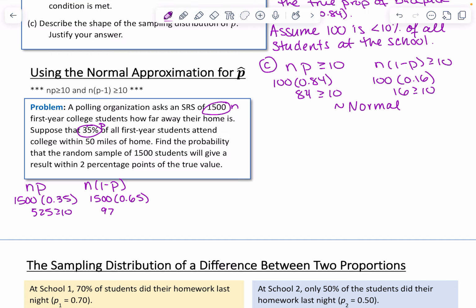And then this would be 975, also bigger than 10. So we do, in fact, have a normally distributed problem. So eventually, we'll be doing normal CDF. Okay, I need to do the 10% condition, so I'm going to assume 1,500 is less than 10% of all first-year college students.